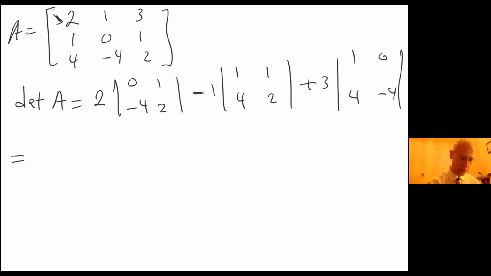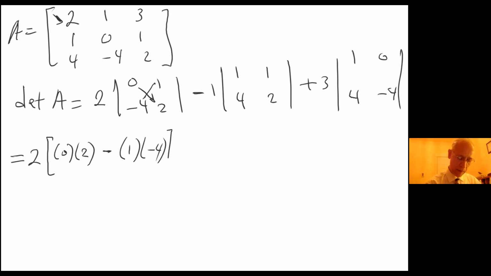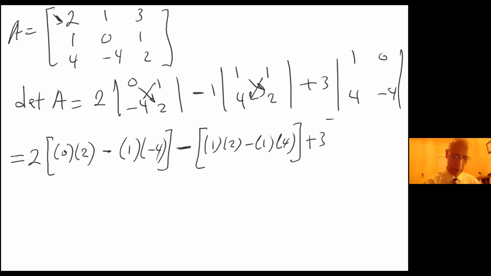And so that equals 2 times 0 times 2 minus 1 times -4, minus 1 times 2, minus 1 times 4, plus 3 times 1 times -4 is -4, minus 0 times 4 is just 0.